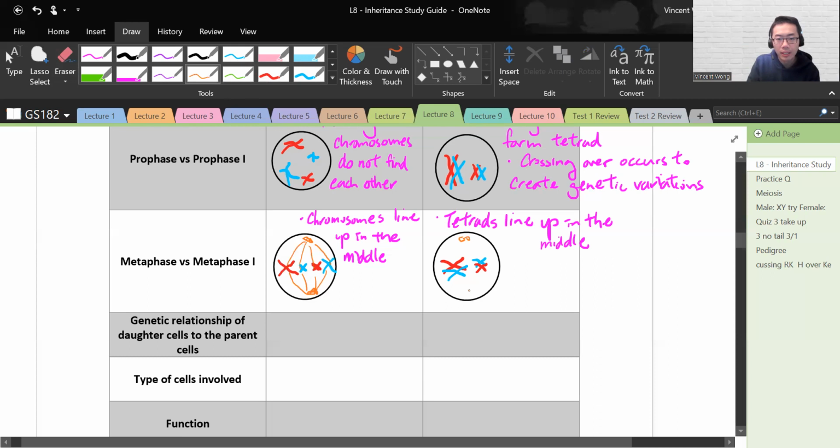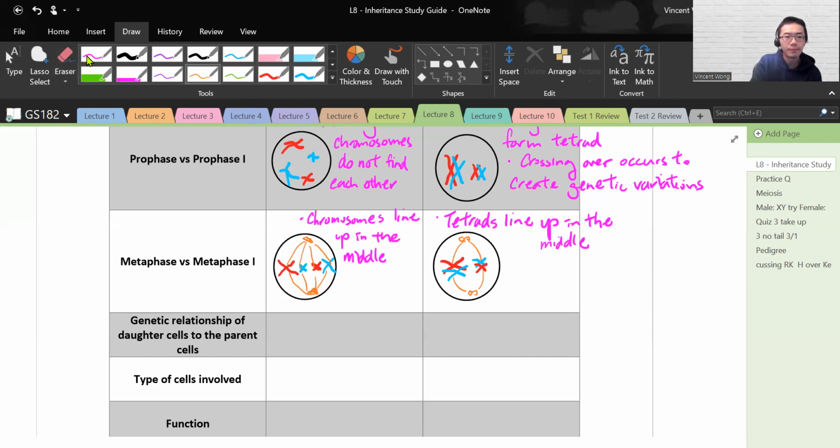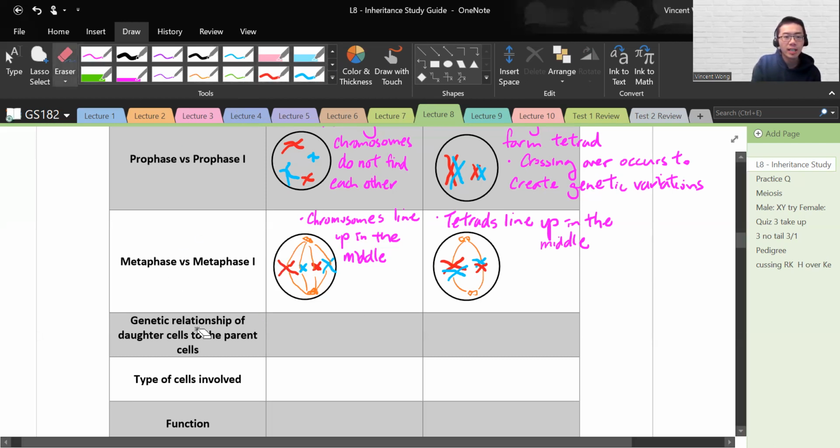Okay, so the tetrad lines up like that. We're going to have our centrioles, and the spindle fibers. Okay, so those are the major differences that I want you to be aware of. Genetic relationship of daughter cells to parents: identical.